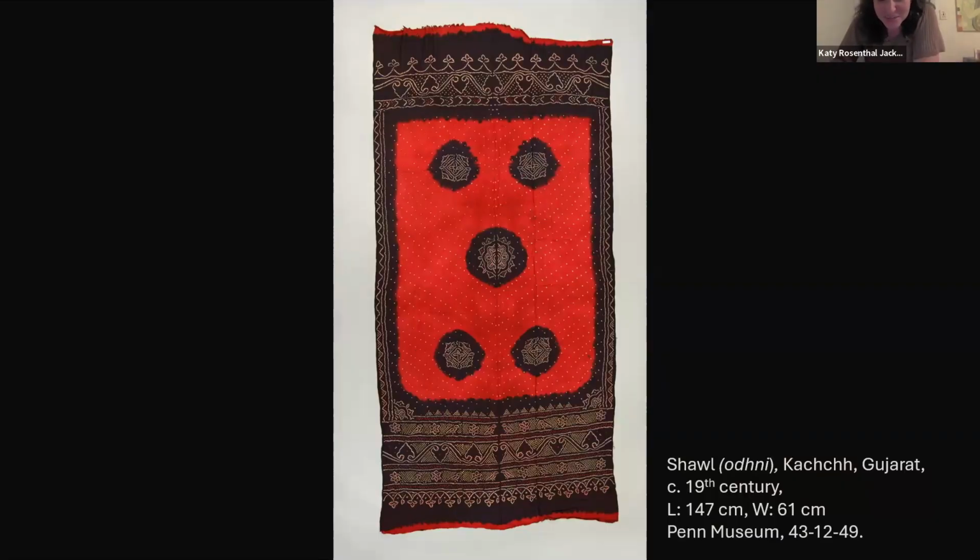And that stage of the process is traditionally done by men, and the tying is traditionally done by women, and then the dyeing is again generally done by men. So there are these kind of social structures to this process as well.